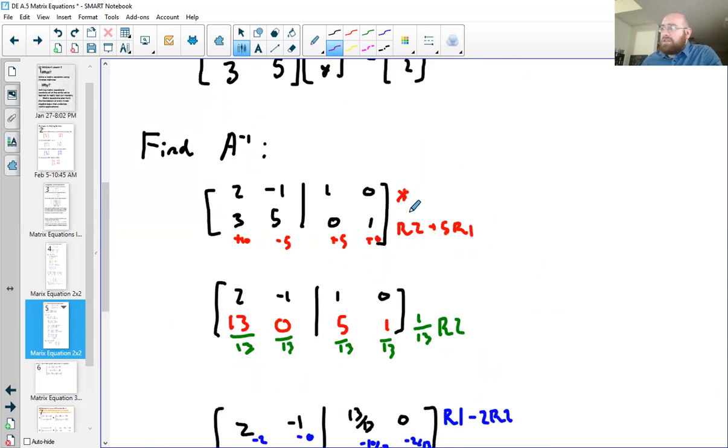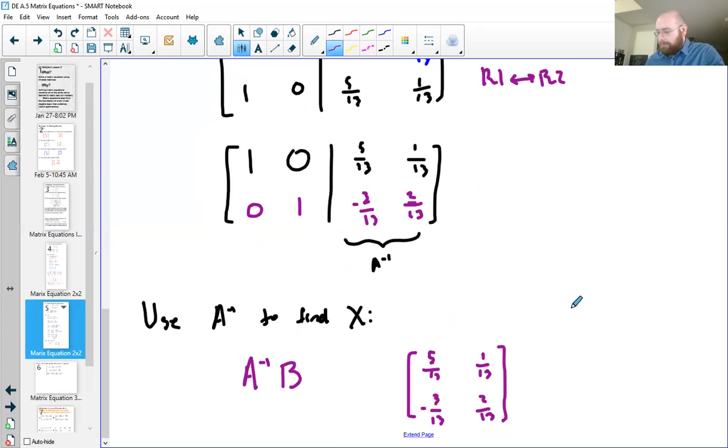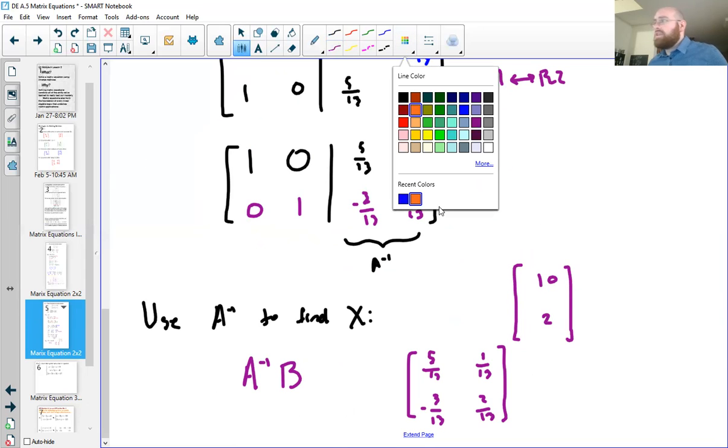So B is 10, 2. Let's be interesting here and use a new color.